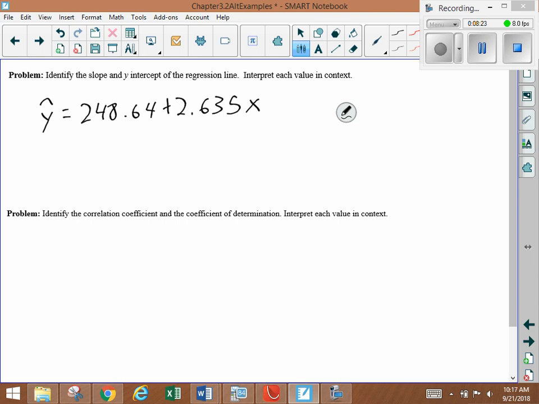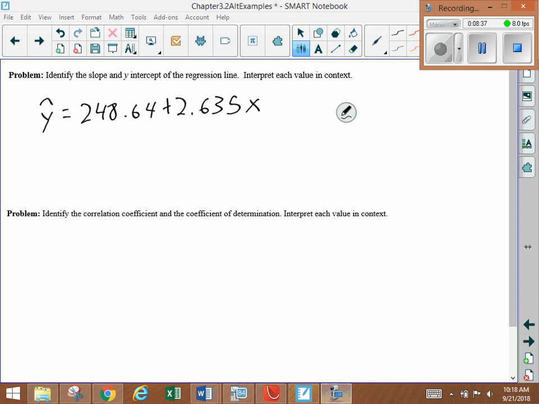Okay. Let's interpret each value in context. First of all, the y-intercept is the easiest one, right? The important thing to realize is that whatever is multiplying your x, that's always your slope. So it can go in either way, just as long as you recognize that.